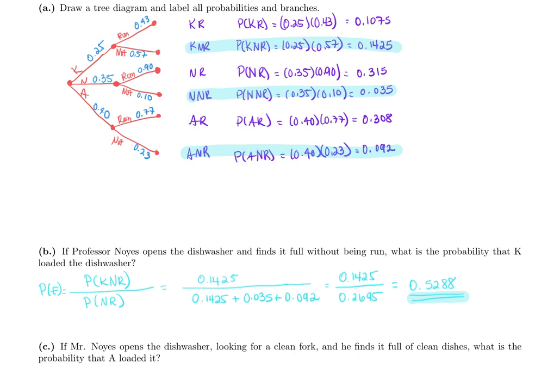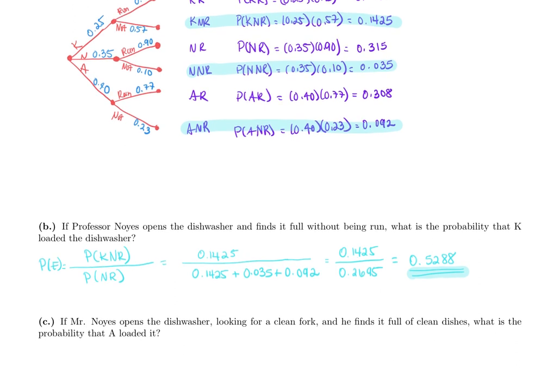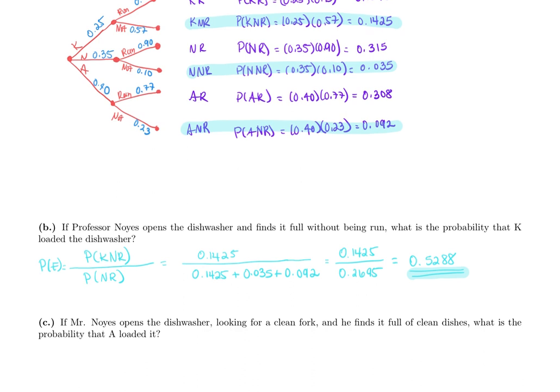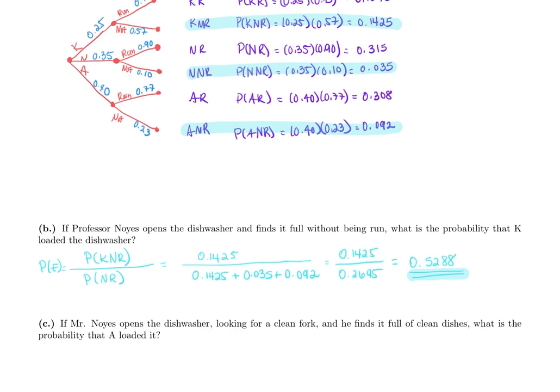In very similar ways here, we're going to look at problem C, which says if Mr. Noyes opens the dishwasher looking for a clean fork and he finds it full of clean dishes, what is the probability that A loaded? This is very similar in that we're going to do the probability that A loaded and ran the dishes divided by the probability that the dishwasher could have been loaded and run.